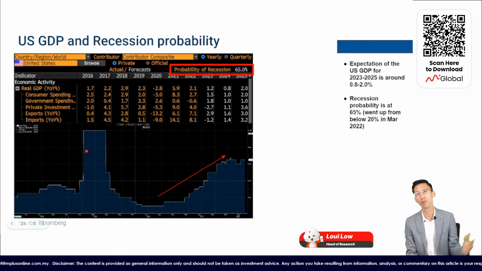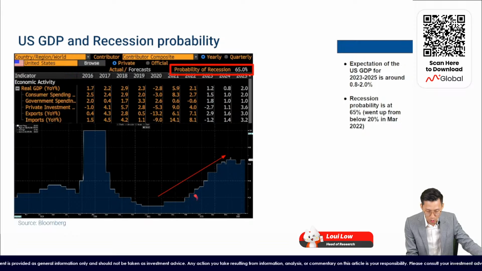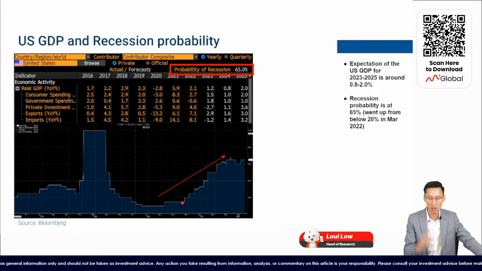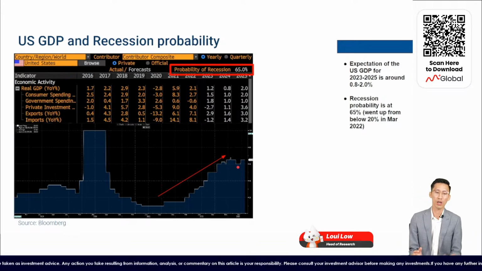So that time people said that we are definitely going into recession. But this round, since March or April last year, 2022, it has been slowly creeping up from 20%, 40% to 65% right now.